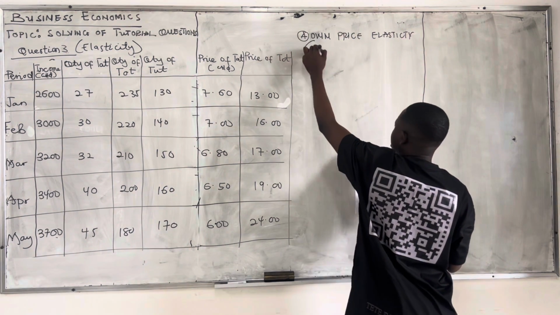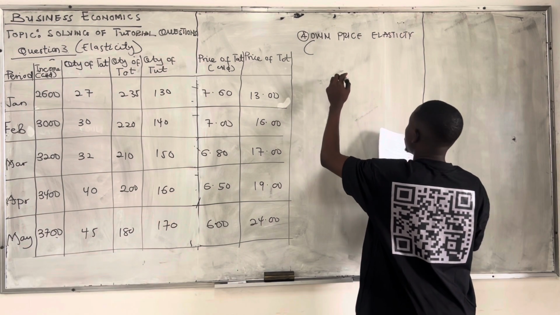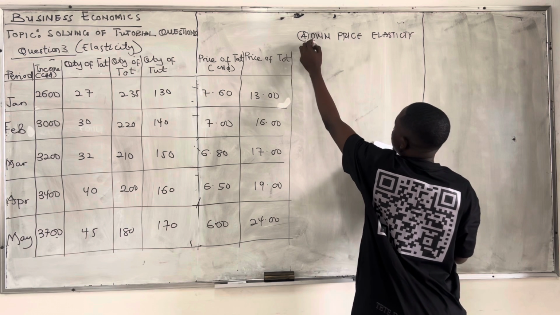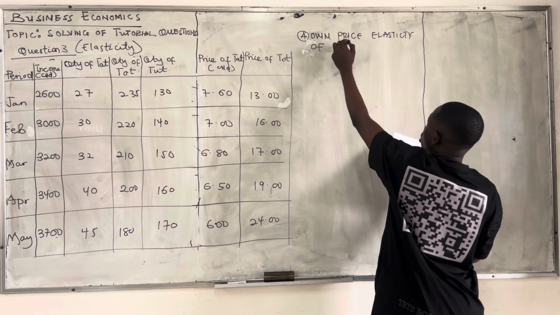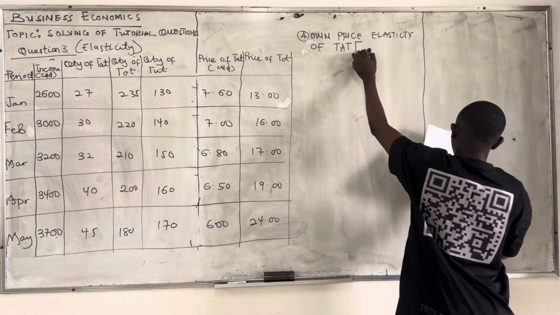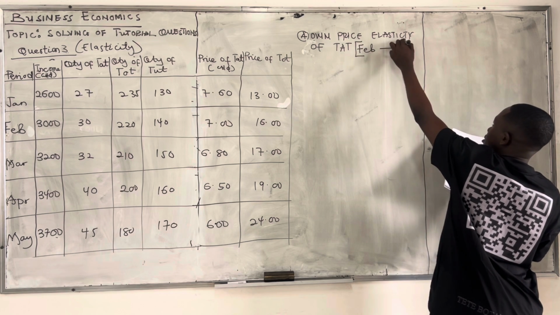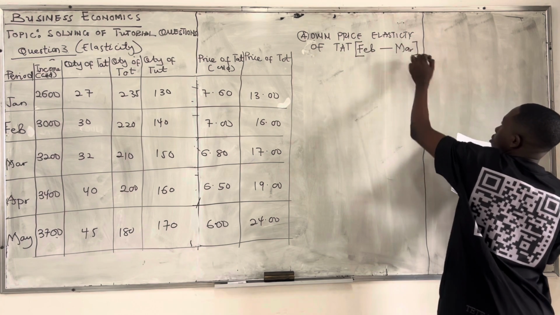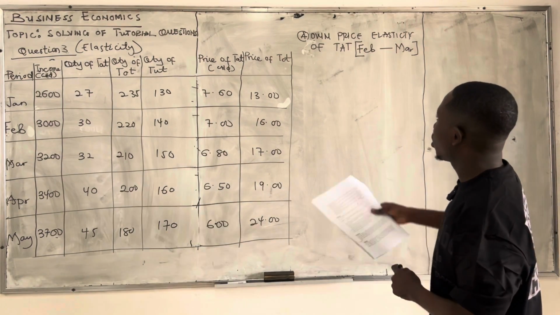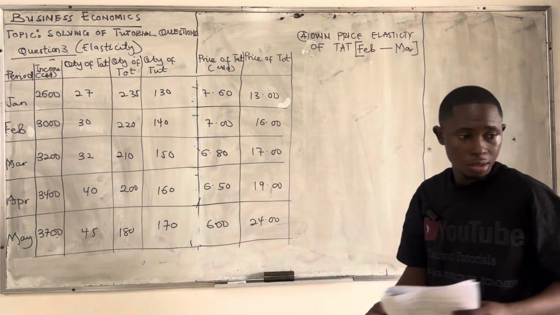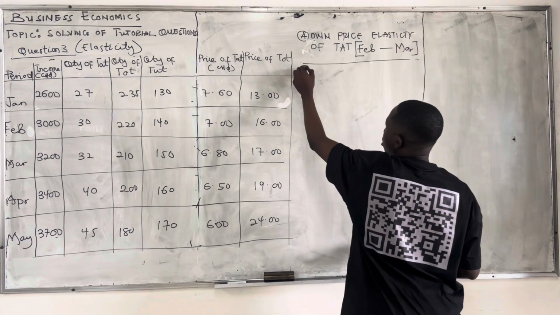We are calculating the own price elasticity of that for the period February to March. So let's start. We already know the formula.